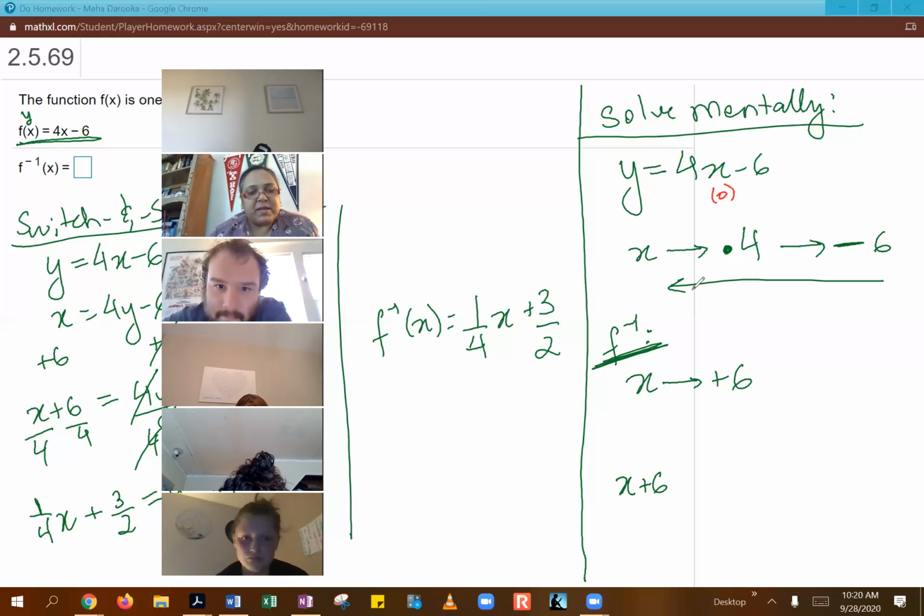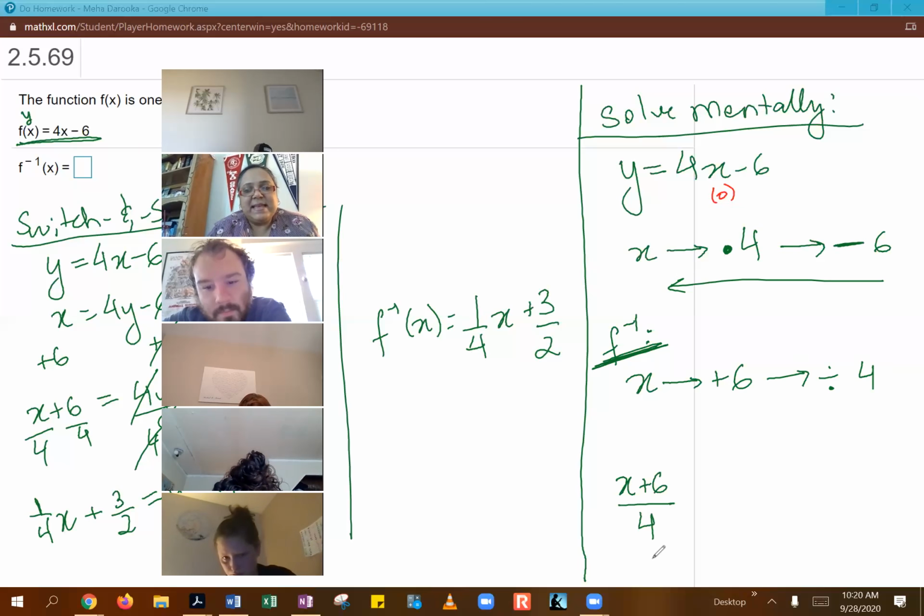Subtraction becomes addition. We multiplied first, which means we are going to divide last, so you divide by 4. And that's the exact same answer we had, because if I just separate this, I will have my 1/4 x plus my 3/2.